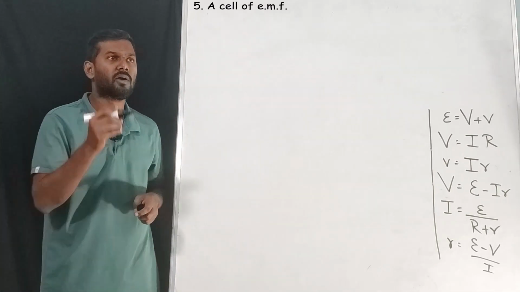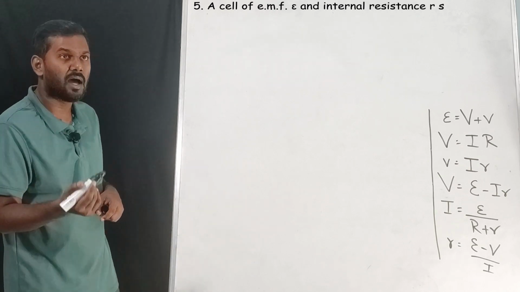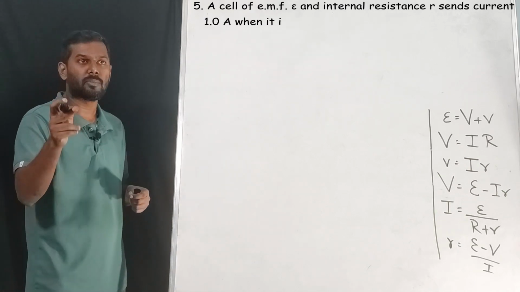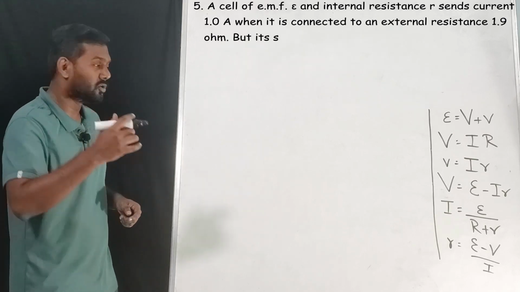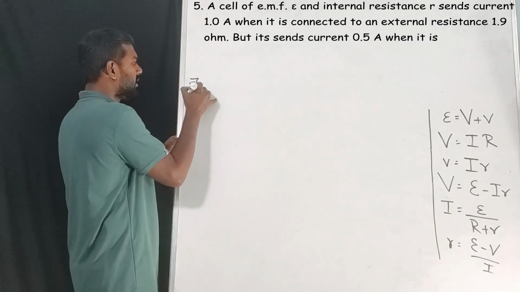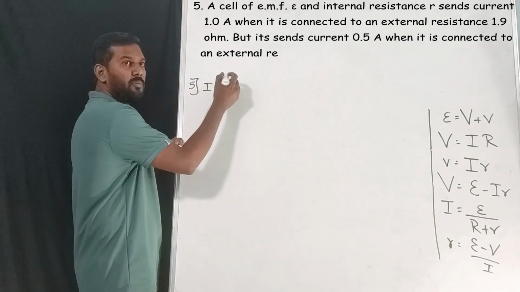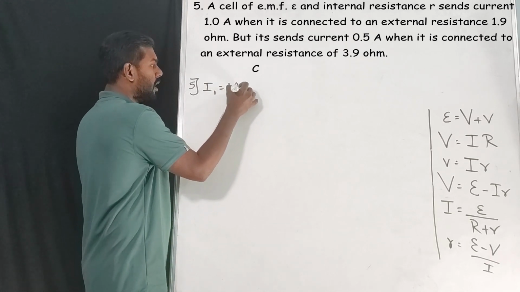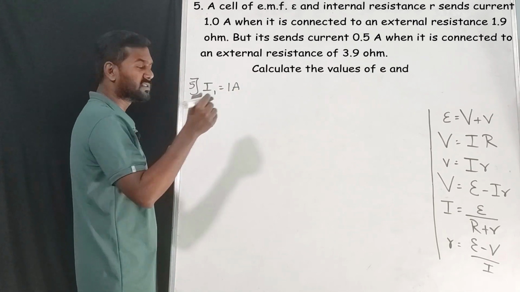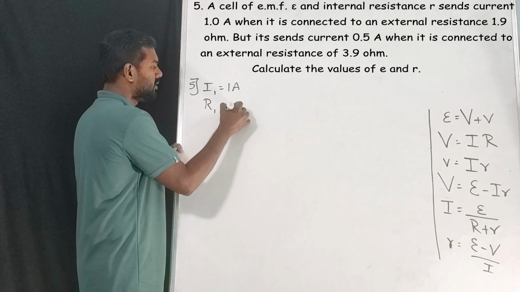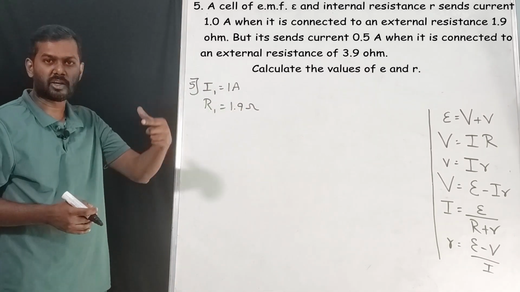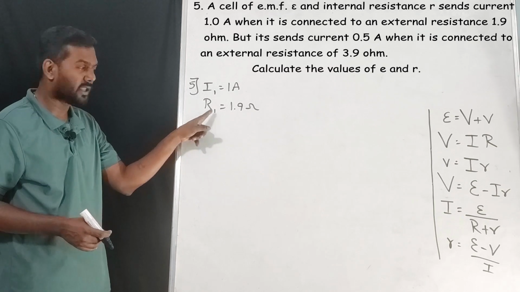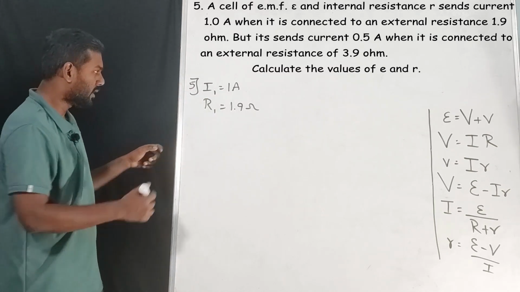Question number 5. A cell of EMF E and internal resistance r sends a current of 1 ampere when it is connected to a resistance of 1.9 ohms. So when the circuit is connected to resistance 1.9 ohms, the current will be 1 ampere.